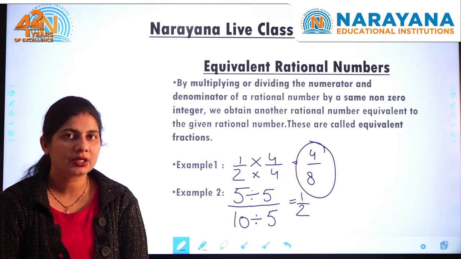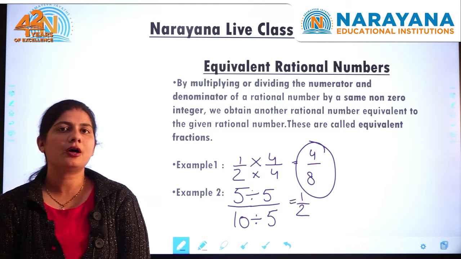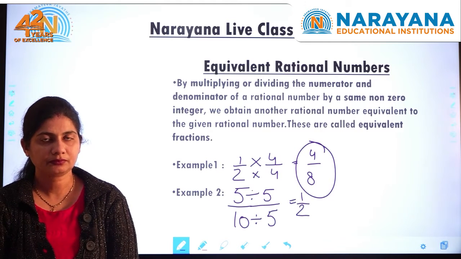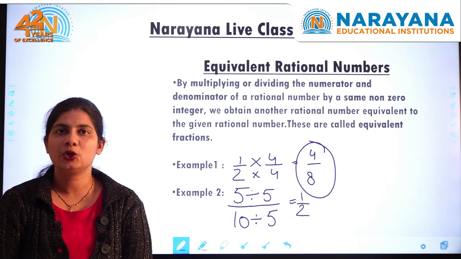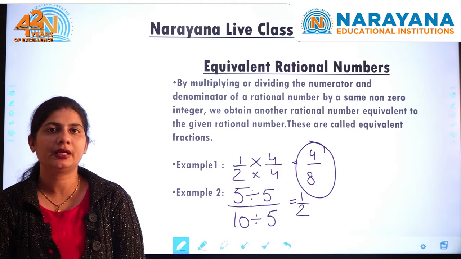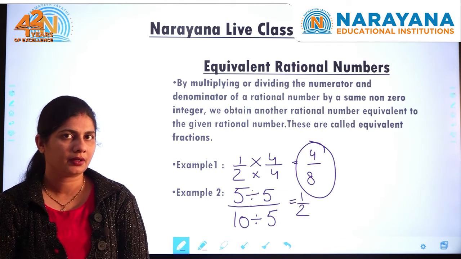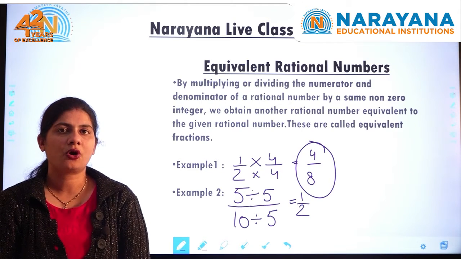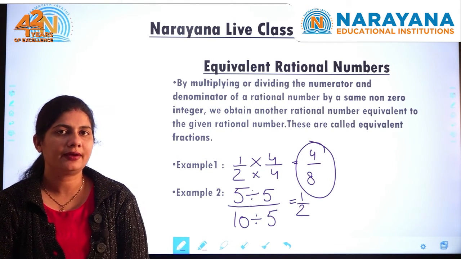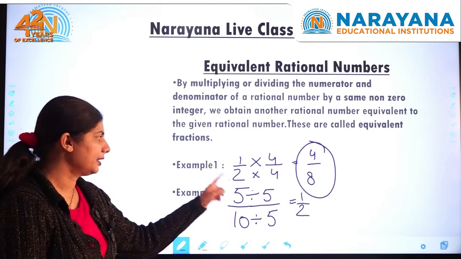So what are equivalent rational numbers? If we divide or multiply the numerator and denominator of a rational number by the same number, then the result is called an equivalent rational number of the given one.